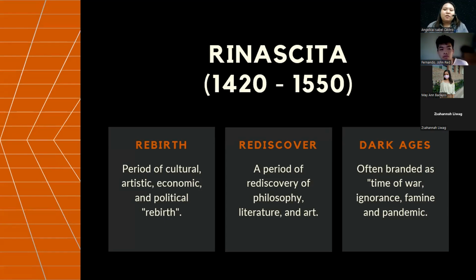Anyway, another is, it was branded as the time of war. So this happened, your Renaissance or your Age of Enlightenment, it happened during the Dark Ages. So paano ka nga naman magkakaroon ng enlightenment kung maliwanag? So yun nga, it happened during the Dark Ages. It was a time of war, ignorance, famine, and some pandemic. Some pandemic like the bubonic plague.